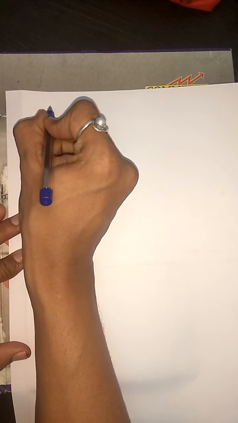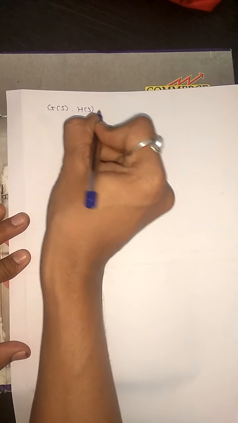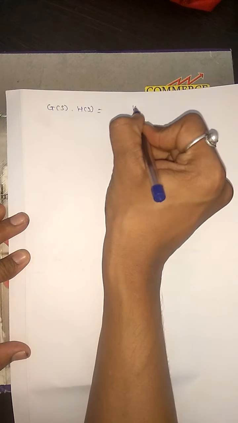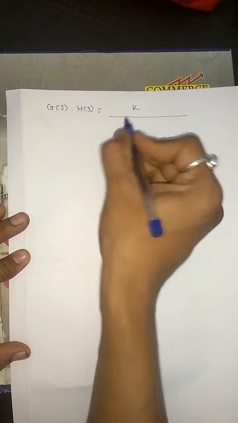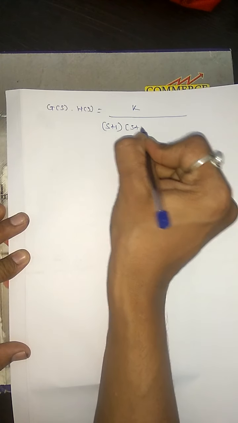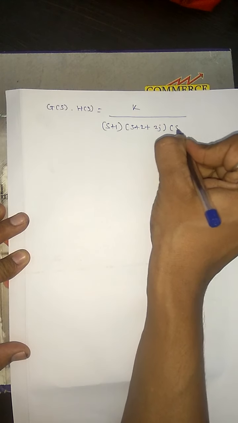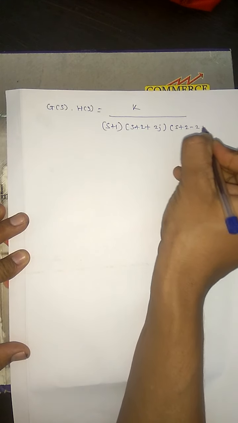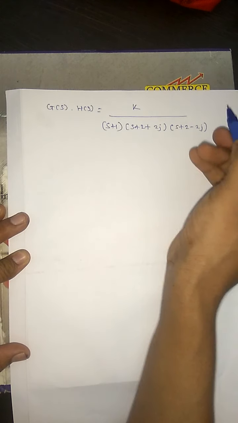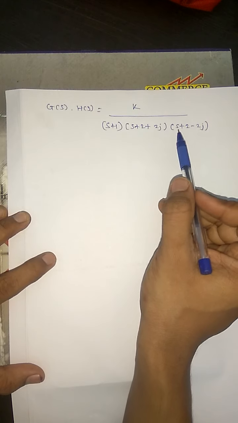See, here I'm considering one example: suppose G(s)H(s) equals K by (s plus 1)(s plus 2 plus 2j)(s plus 2 minus 2j). This is the example of one real pole and two complex poles.